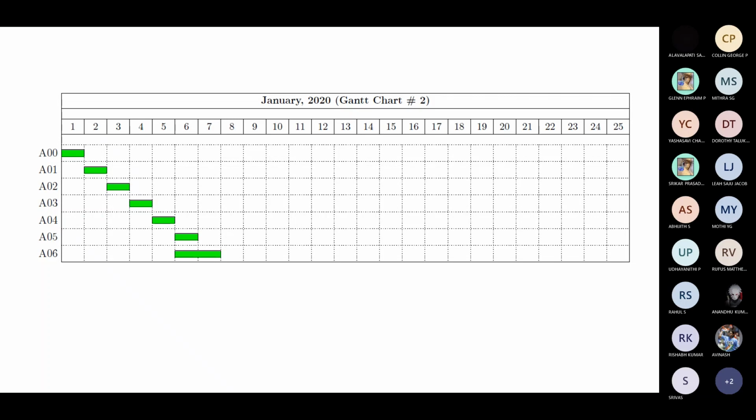A01 is surveying. A02 is the site marking, right? Once the surveying is done, based on that report, you will mark the site for excavation. I told you, in quantity surveying, you'll be learning a concept called center line, or even in building information modeling, if you practice generating BIM models in Revit, the first thing is you will be marking the grid lines, which is as simple as the earthwork excavation.